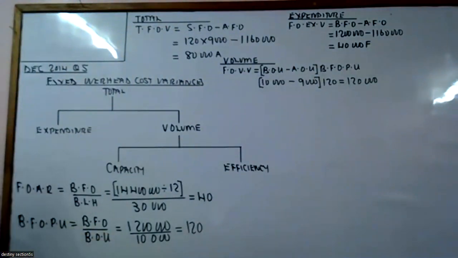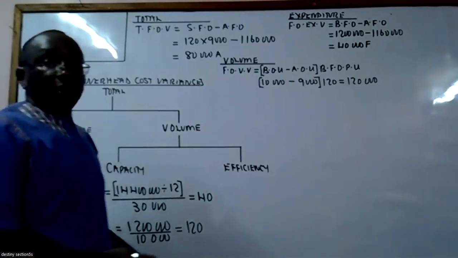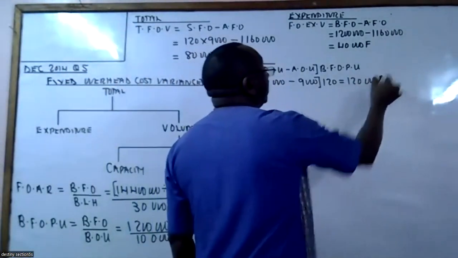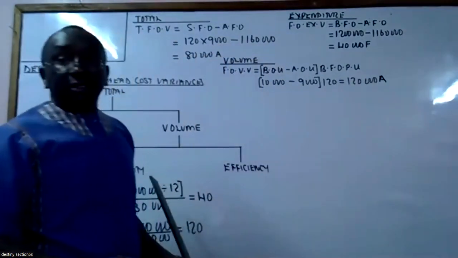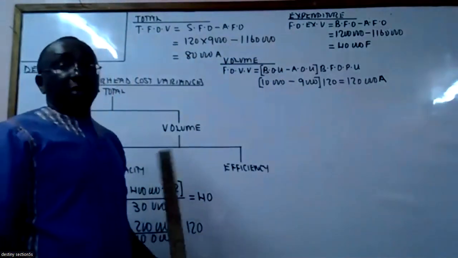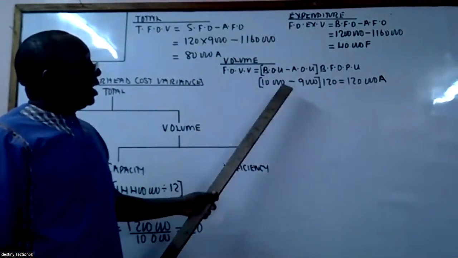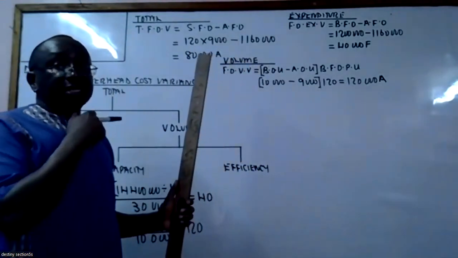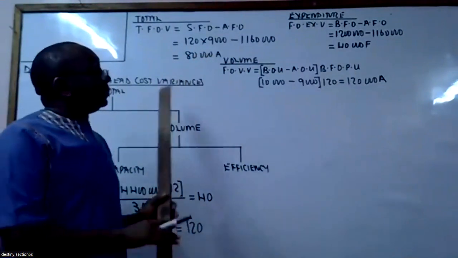And this 120,000 is adverse because we produced fewer units when the fixed cost was remaining constant. So that was not good.